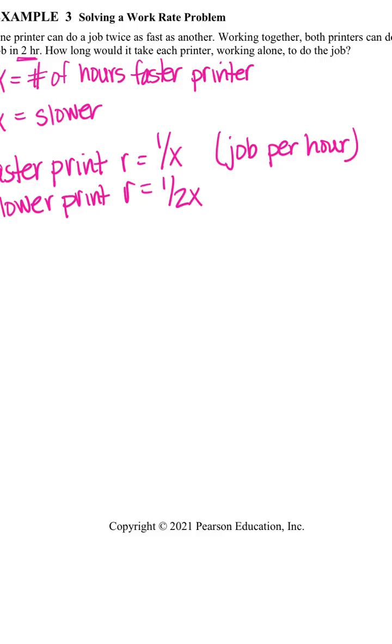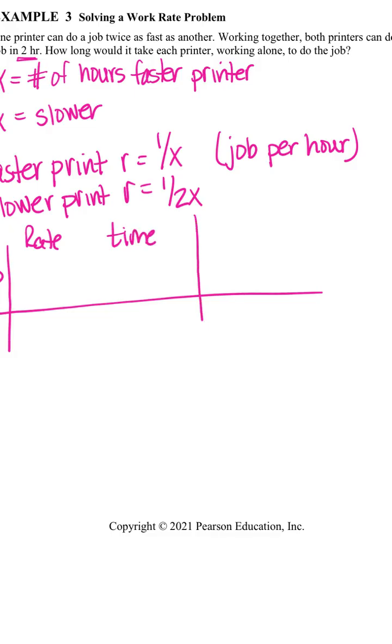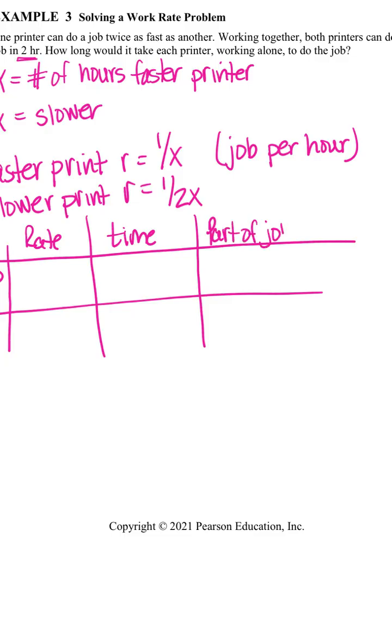All right, so I'm going to make a little table for the faster printer and the slower printer: the rate, the time, and part of the job accomplished. Sorry, that's kind of mushed on there.